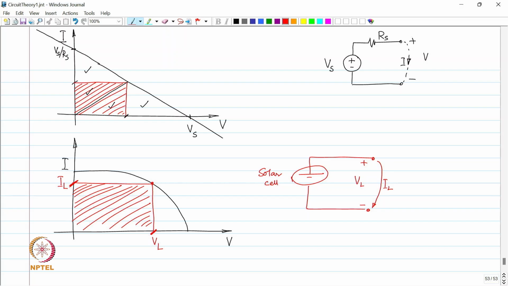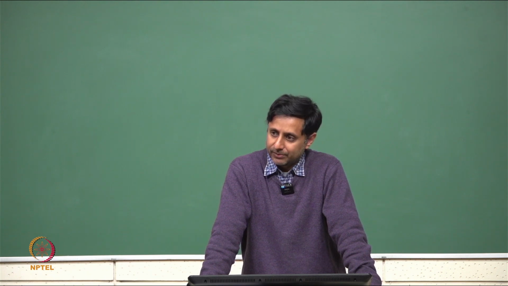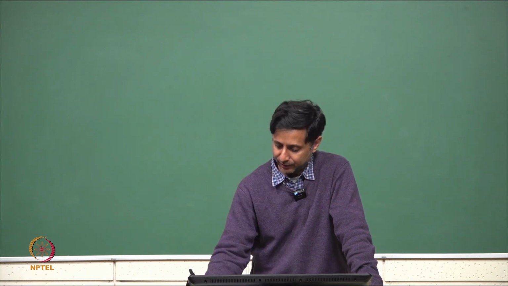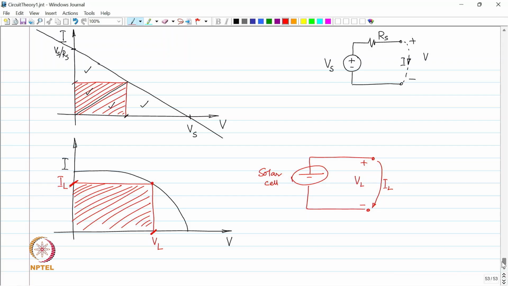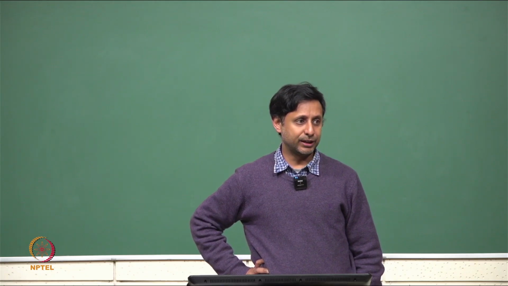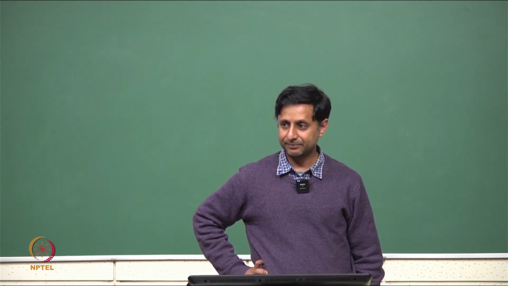All right, any questions? So, we have done quite a bit. We have covered all the theorems that we want to cover. We have covered Tellegen's theorem, which is valid for all sources, all circuits. Then we have covered the reciprocity theorem, valid only for LTI passive circuits.